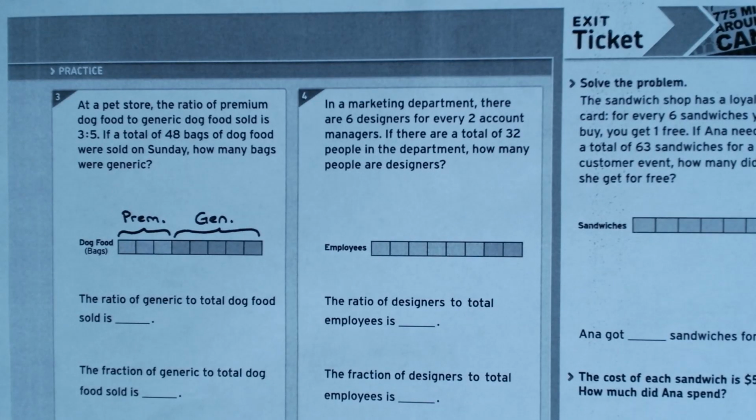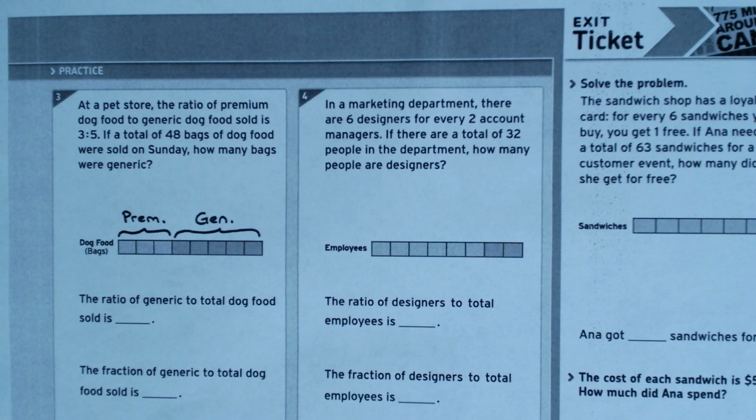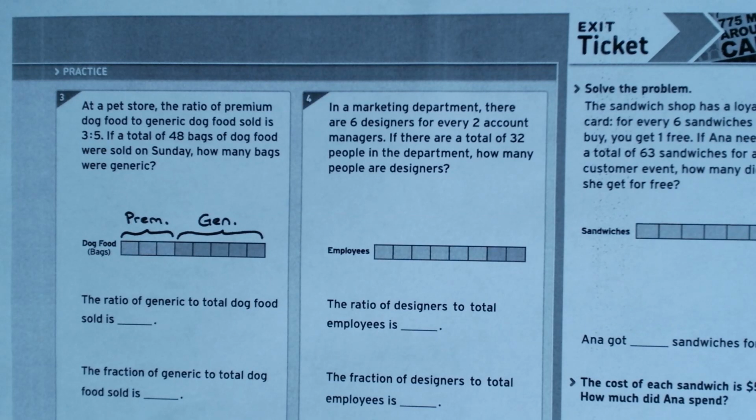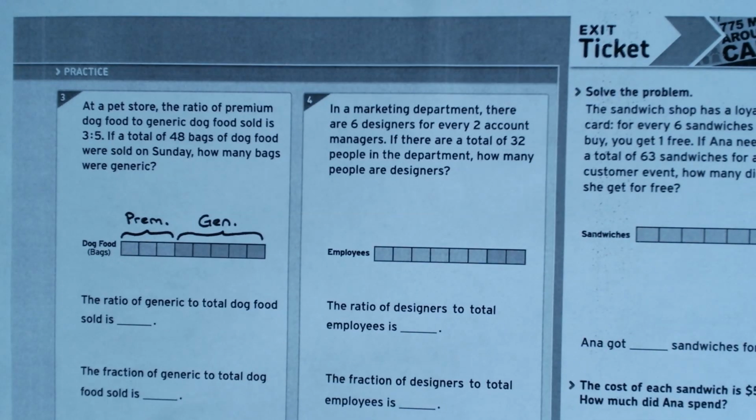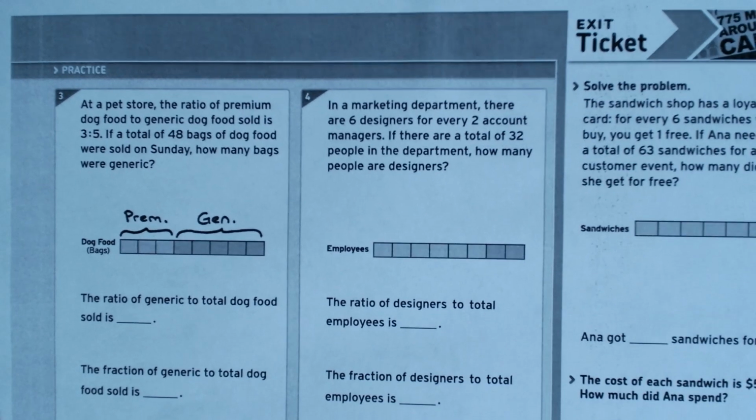Hey, how many blocks is that total? 8. A 3:5 ratio tells you that there was 8 things total. A ratio of 3 premium dog foods to 5 generic dog foods tells you that there's 8 dog foods total.